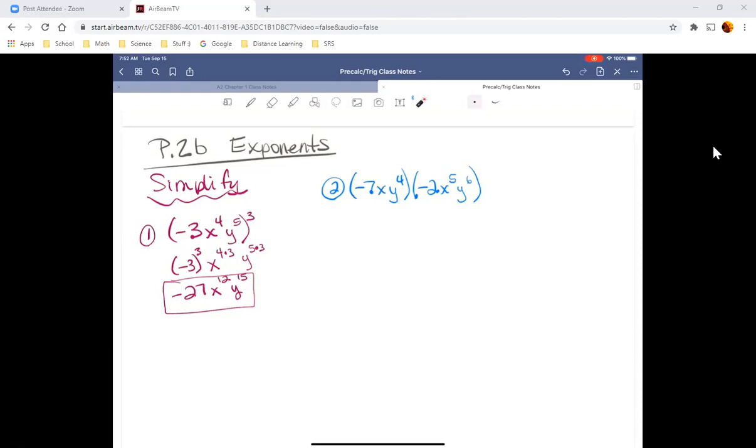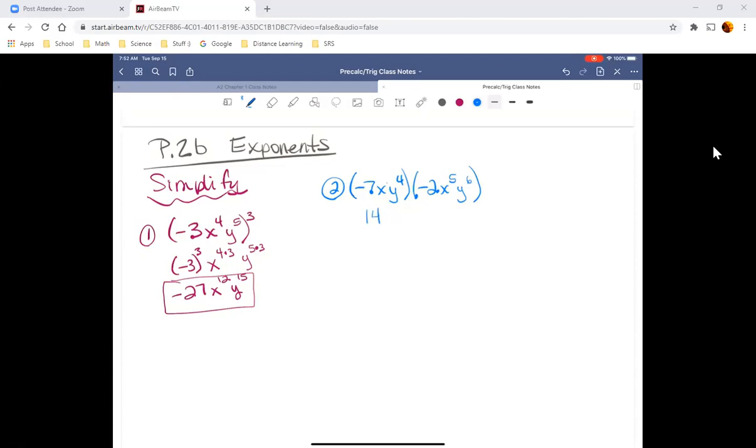So I just kind of go piece by piece, right? So I look for those like terms. So I have my constant terms, -7 and -2, right? Then I got x's and x's, y's to y's. So first thing I got to do is -7 times -2, which is going to give me +14.